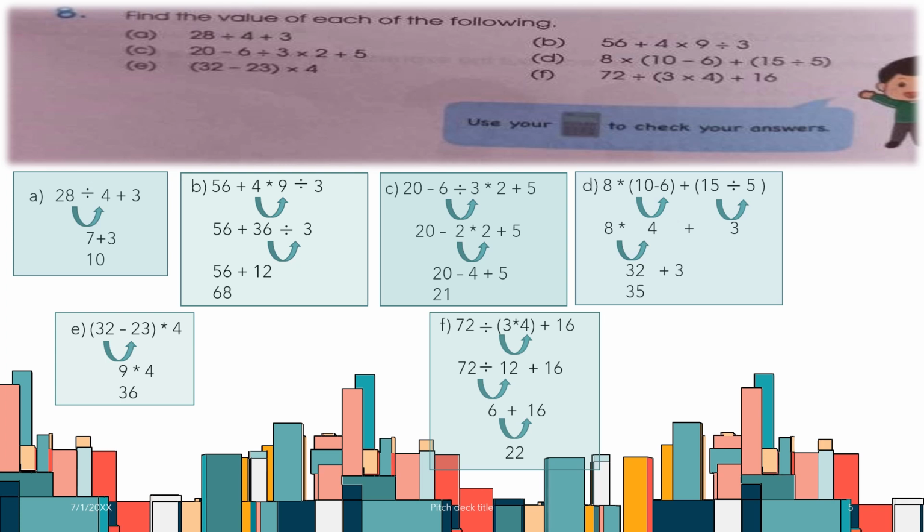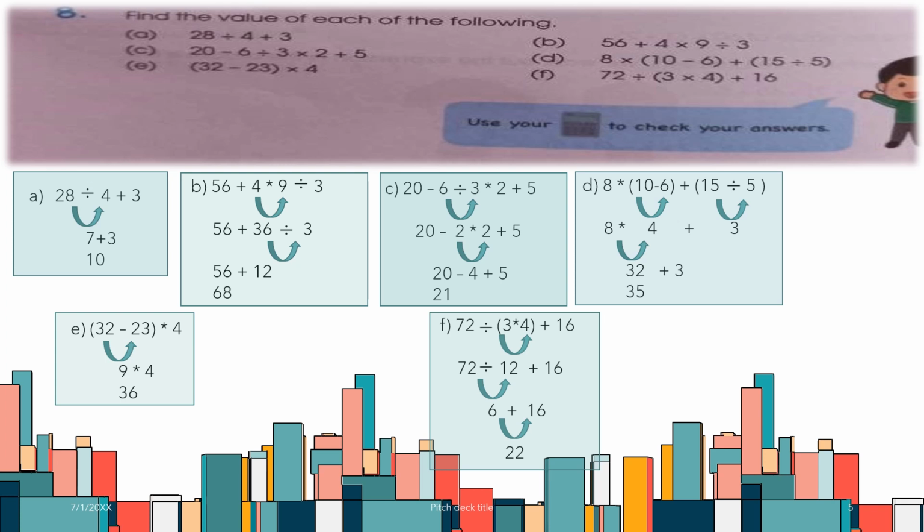For part E, we have bracket open 32 minus 23 bracket close multiplied by 4. 32 minus 23 is 9. This answer is going to multiply with 4, and the resultant is 36. Why do we do this? Because we solve the expression in the bracket first.